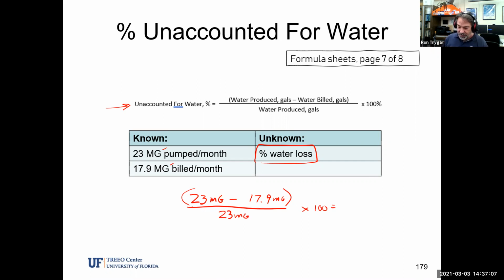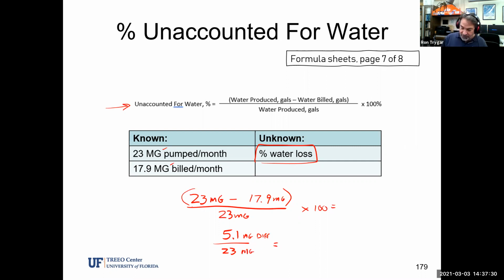So 23 million subtract 17.9, and I'm going to rewrite it down here at the bottom. I got 5.1, and then we're going to divide it by 23 million. This 5.1 is the million gallon difference, and the 23 million gallons is the total pumped.